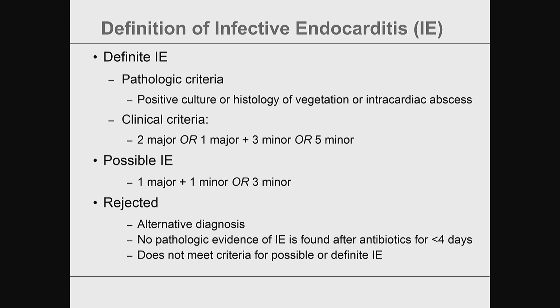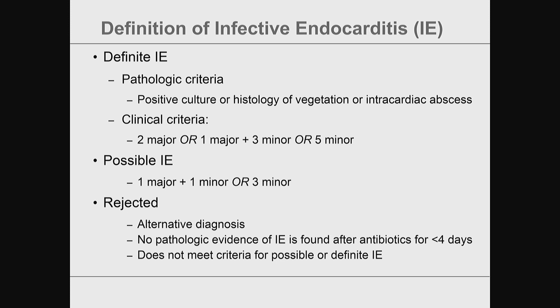To have definite endocarditis, you must either have pathologic criteria, meaning that you have a positive culture or histology of vegetation or intracardiac abscess, or we use the Duke criteria to see if they meet the clinical criteria, meaning that they have 2 major or 1 major plus 3 minor, or 5 minor, and we will get to what those major and minor criteria are in the follow-up slides.